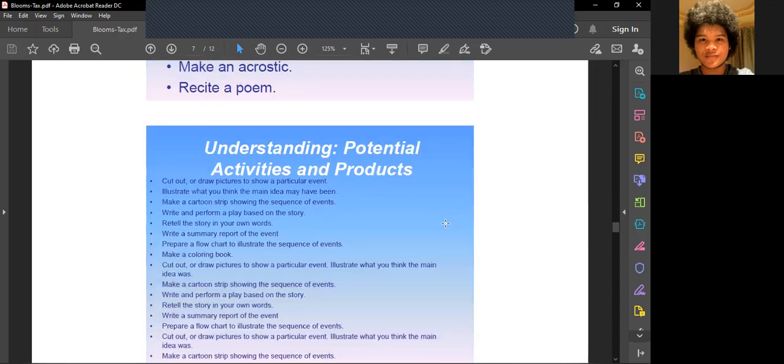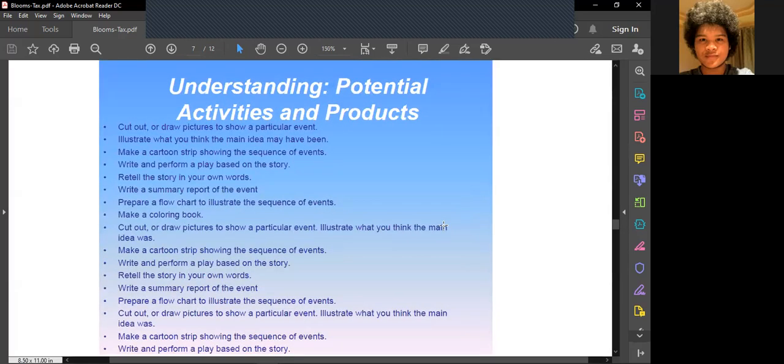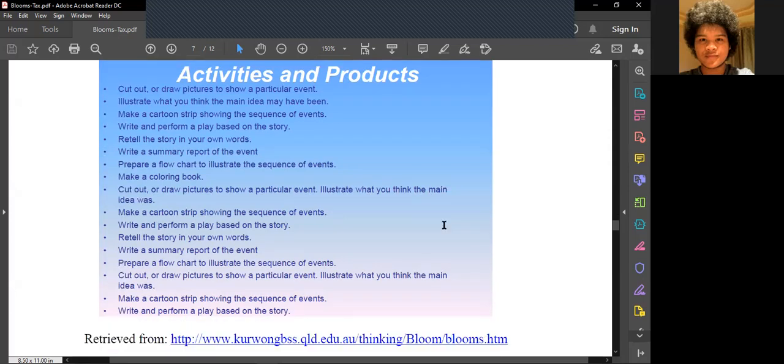Now, understanding, what are the potential activities, such as drawing pictures, illustration of an idea, making a cartoon strip, write or perform a play based on the story, retell the story in their own words, write a summary report, and so on and so forth.